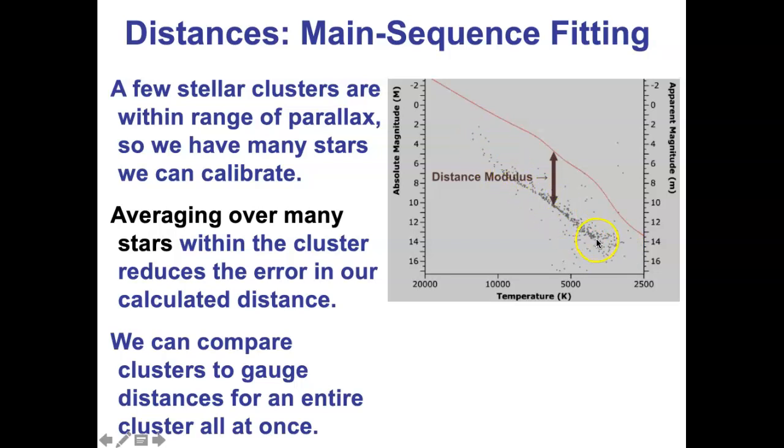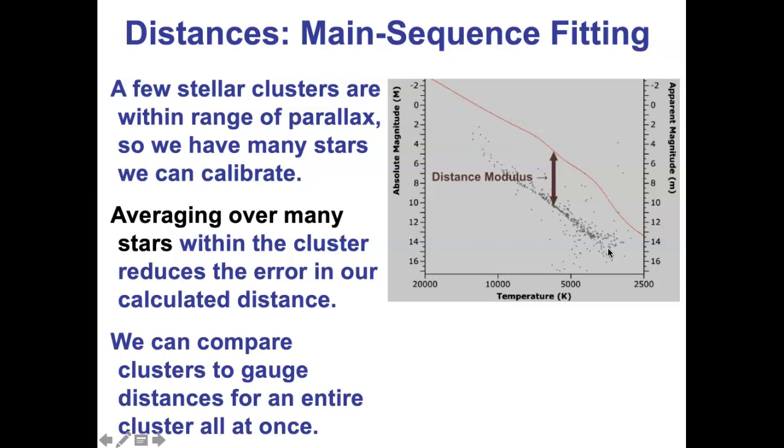Each of these dots here is a star in the cluster with their apparent magnitude and their temperature. And most of the stars are going to lie along this line because you look at that and go, oh, well, okay, that's the main sequence. The stars going up off this way, well, that must be the red giant branch. But we really care about the main sequence here.